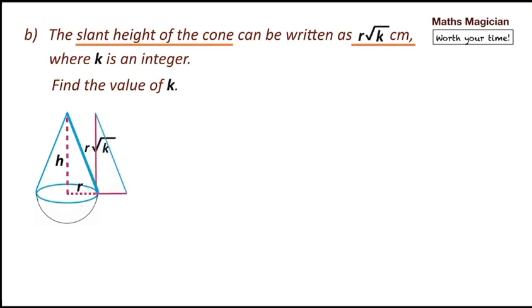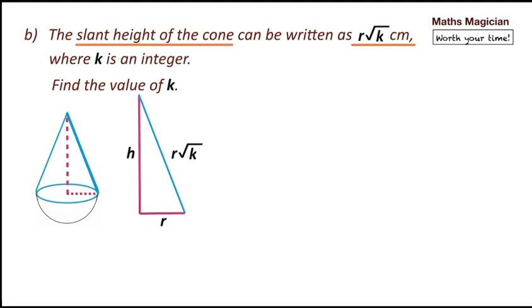Now consider this triangle. Here height is perpendicular to the radius, and hence they make a 90-degree angle with each other and it is a right angle triangle.